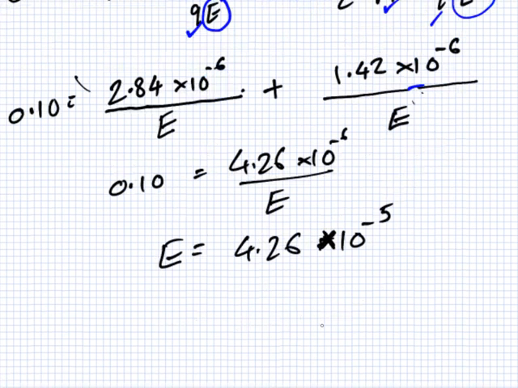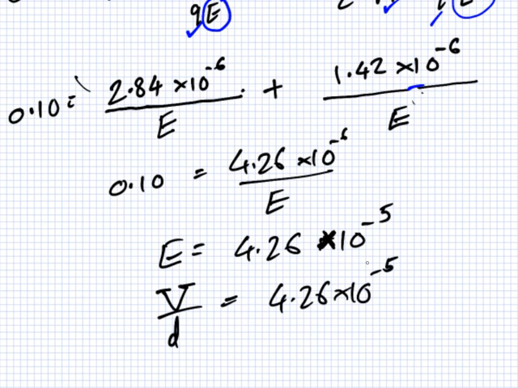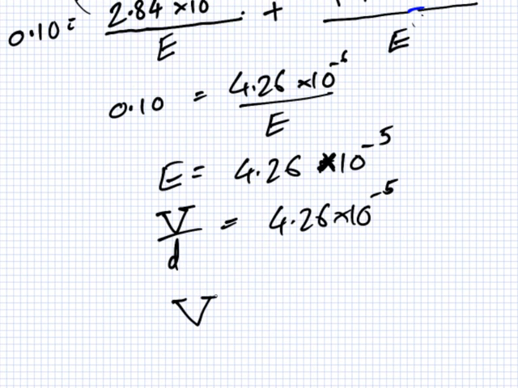Now that's not even finished because I'm looking for the voltage, but you know that E is voltage over d. And what did I say the distance was? 10 centimeters. So it's a pretty small voltage. 4.26 nanovolts.